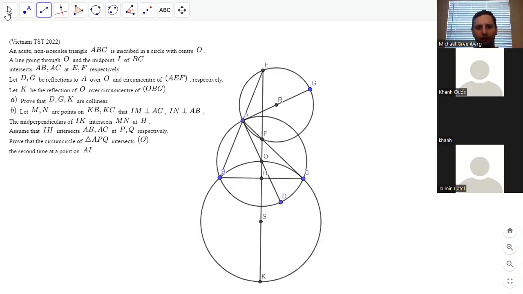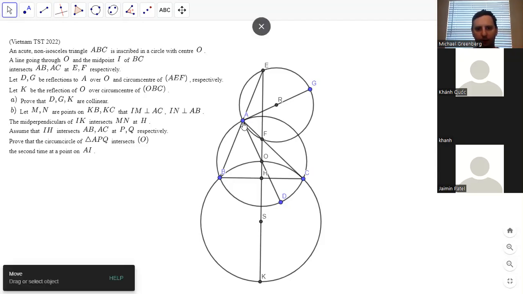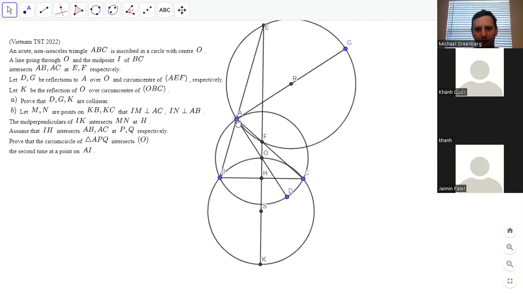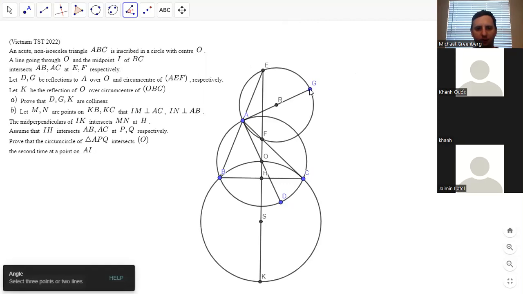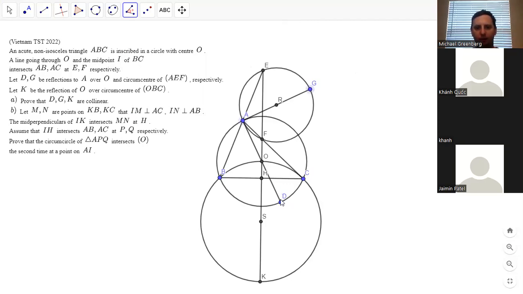I think it might be. Let's play around with it and check. Yeah, this looks like a right angle. It's probably not hard to prove. Because this is 180 degrees in total. Let's see. This angle is going to be half of this arc. This angle is half of this arc.